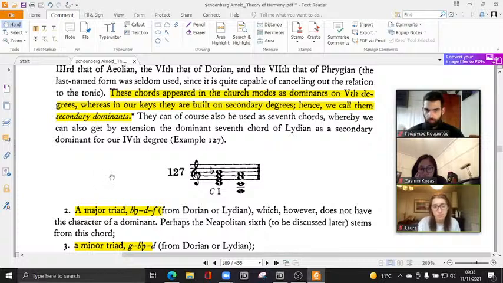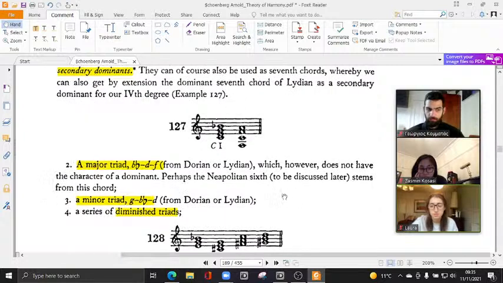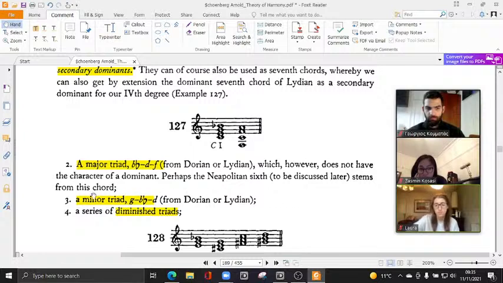A major triad B flat, D and F, from Dorian or Lydian, because it has a B flat. Both of them. Which, however, does not have the character of a dominant, perhaps the Neapolitan 6th, to be discussed later. A minor triad, G, B flat, D. So you see that he quotes Dorian or Lydian every time it has a B flat.